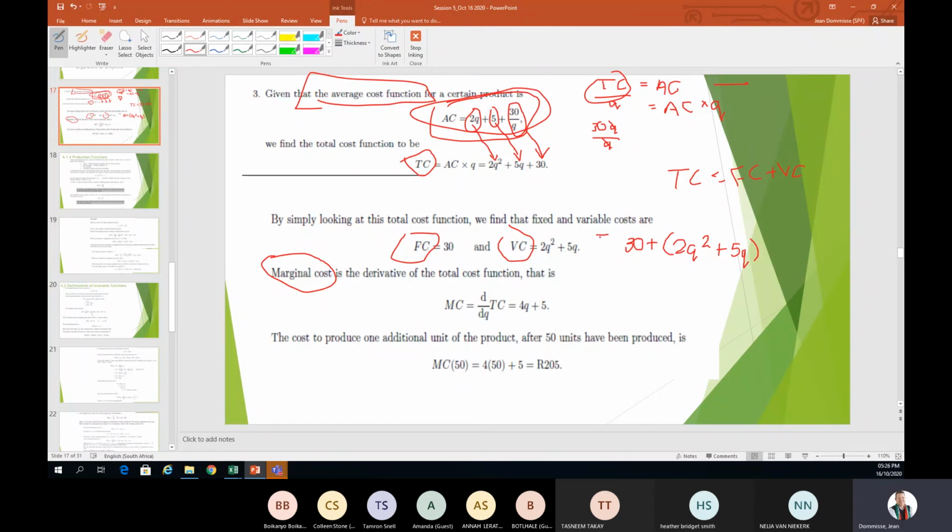So let me just, total cost is fixed cost plus the other one, not multiply. I nearly wanted to multiply. So if we want to do the marginal cost differentiation, the fixed cost will fall away. When we differentiate that, it will become 4Q, that will be 2 minus 1, so that will be fine, plus 5, so that will be your marginal cost.